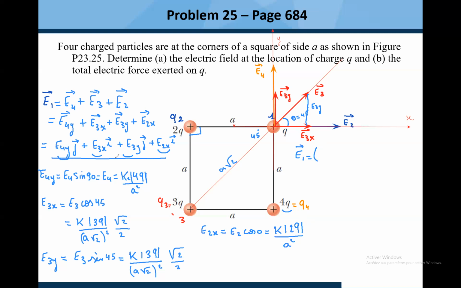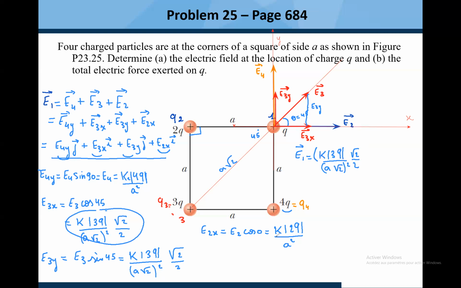We can take E3x before equal K 3Q divided by A radical 2 square times radical 2 over 2. Okay, this value I plus E to x I.